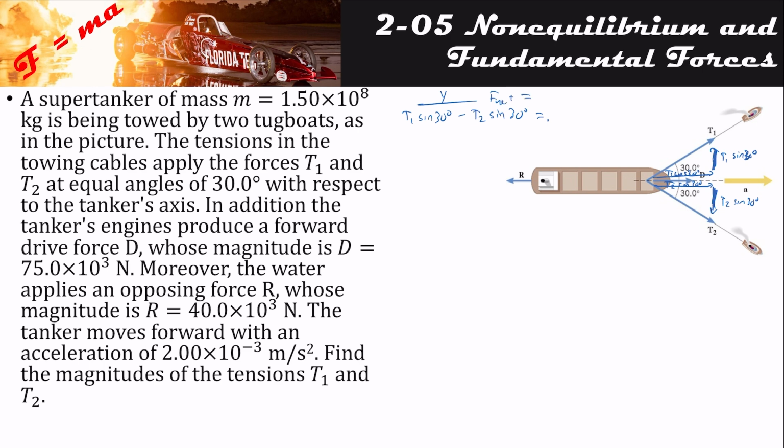This is the net force equals ma. The acceleration is in the x direction, not the y direction. Add the T2 sine 30 to the other side. We get T1 equals T2.